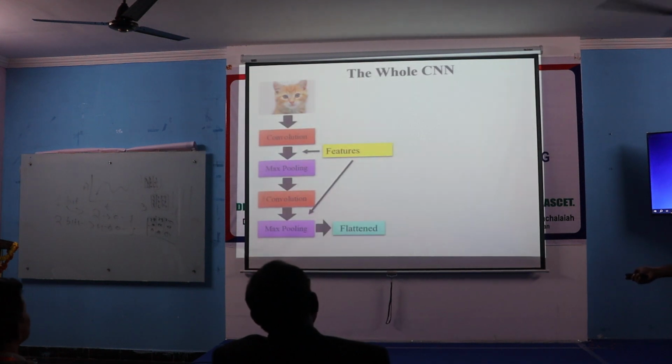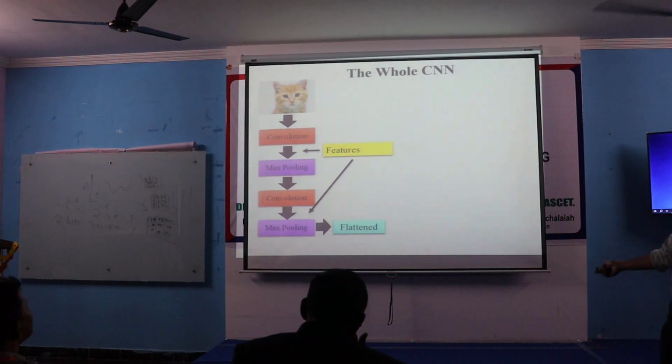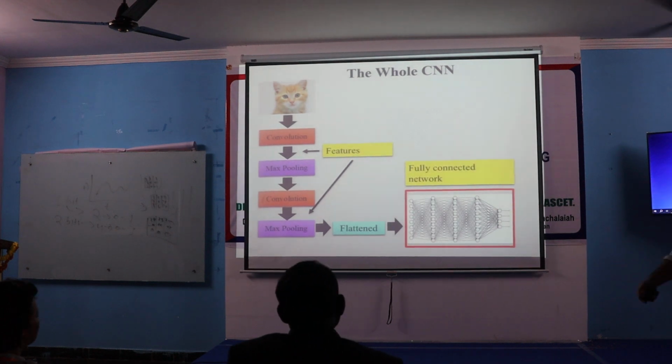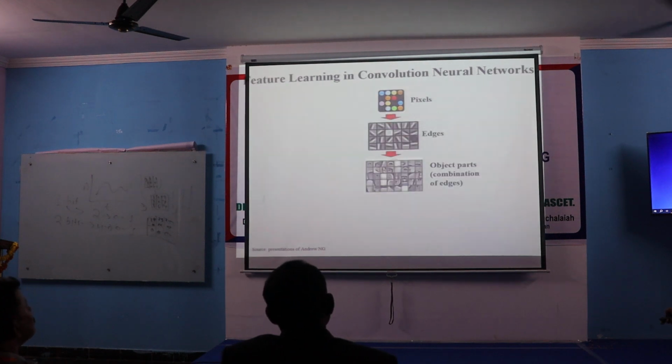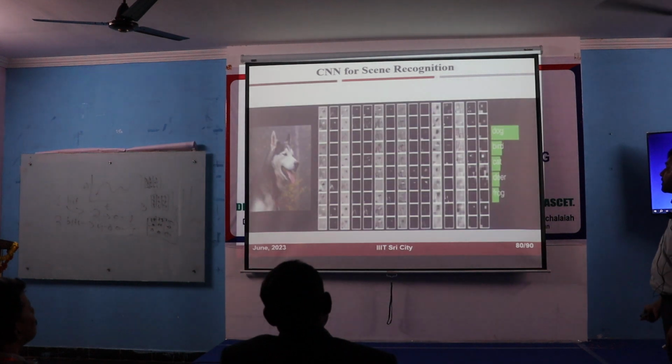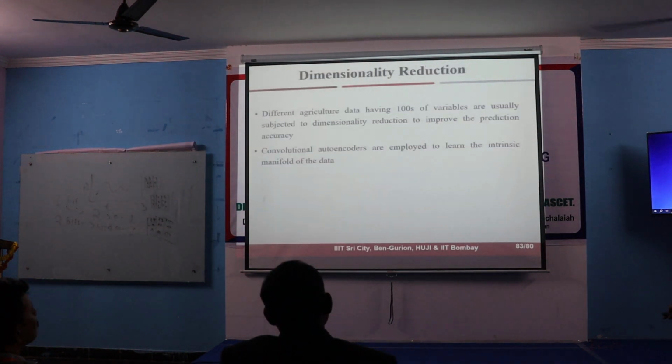You are getting the features. Now, instead of using original features, you can use the learned features for classifying your object or whatever. If you use spectra instead of the cat image, you can do that. So this is the machine learning part of that.